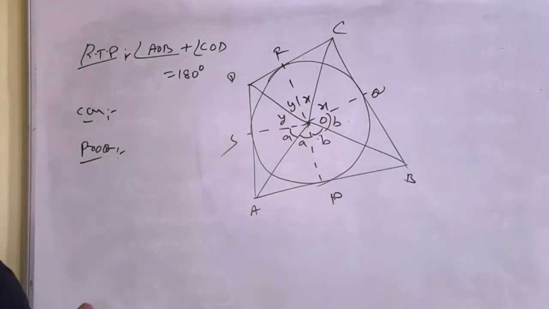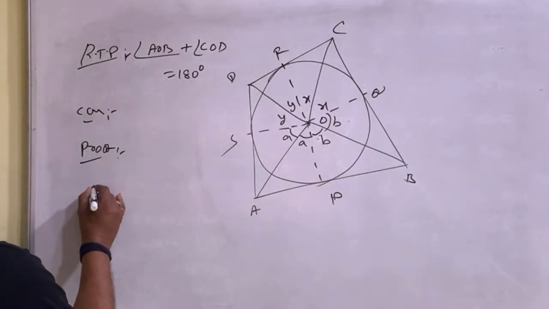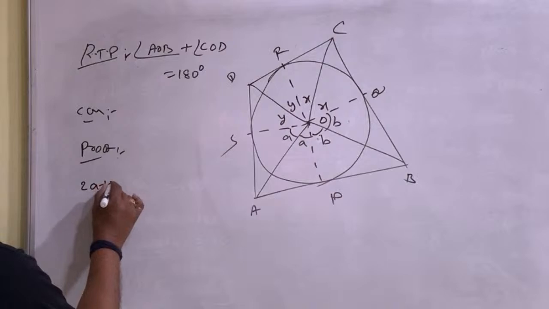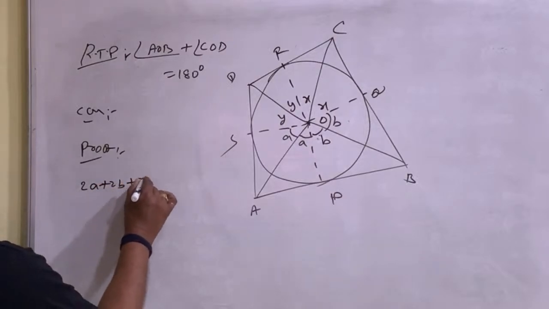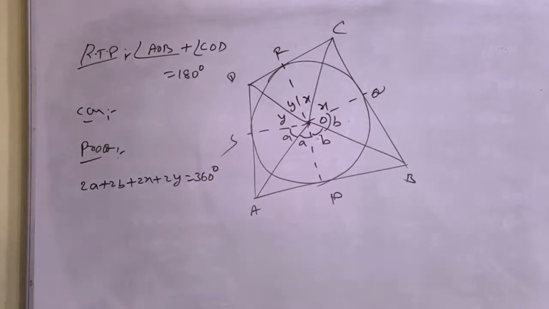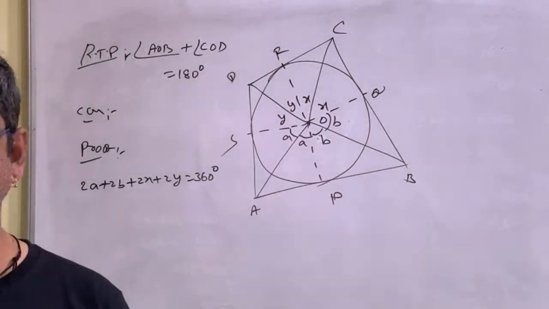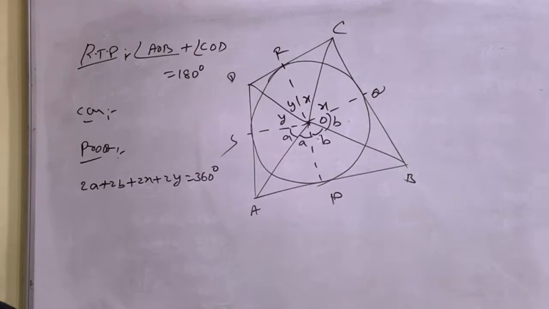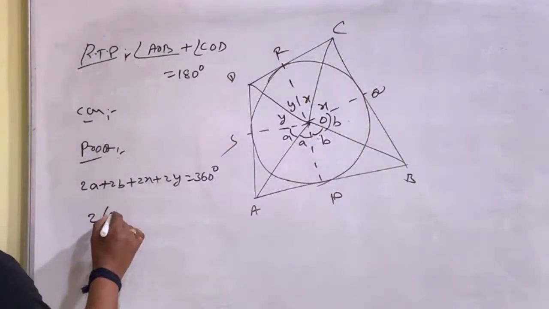Now, 2A plus 2B plus 2x plus 2y is equal to 360 degrees, a complete angle. Now, take 2 common.